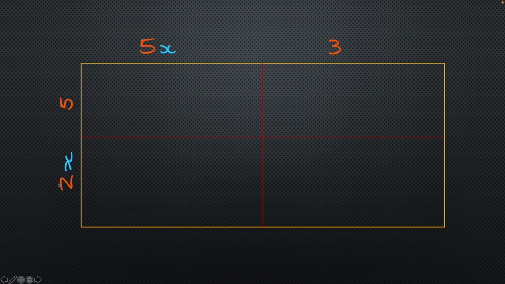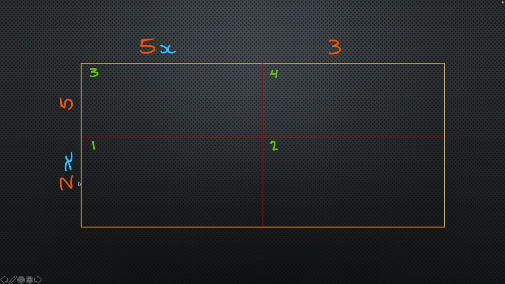So we have 2x plus 5 here. This is still 2x plus 5, it's just that we split these terms up. So 5 is the length for this smaller rectangle here, and 2x is the length for this rectangle here. And then we have the same on the top. Just to make this easier, we're going to split these up into numbers, and this is where it starts to make sense how we multiply out our brackets.